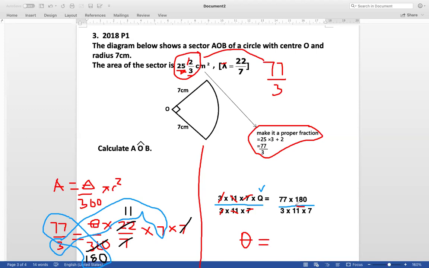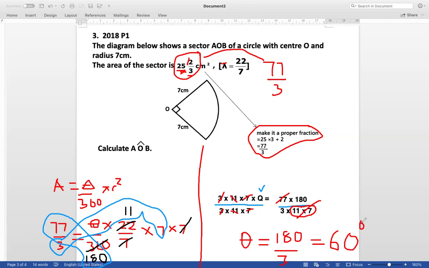And then these two numbers here, when we multiply them, they'll actually give us 77. So that 77 and that 77 cancel out. The only thing remaining is 180 divided by 3. And at the end of the day, you get a number that is easy to work with.